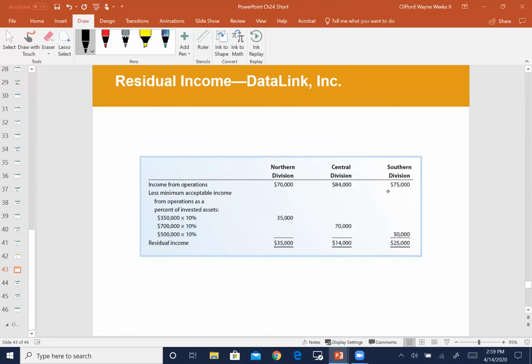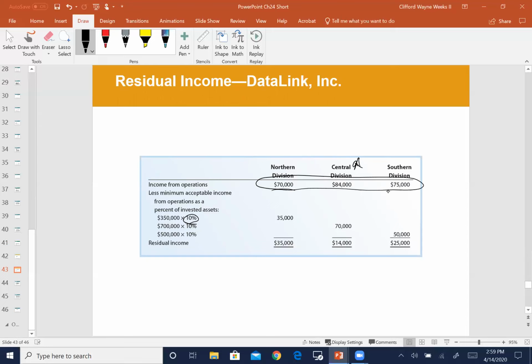And so if you remember, we took these straight off that first example, where I asked you, hey, which one of these would you want to be manager of? And I said, yeah, you want to do the central because they're making the most. But really what we're doing is we're saying, hey, we require a 10% return on all of our divisions, or all our invested assets.